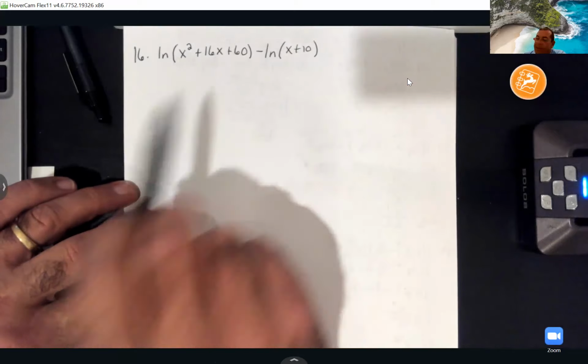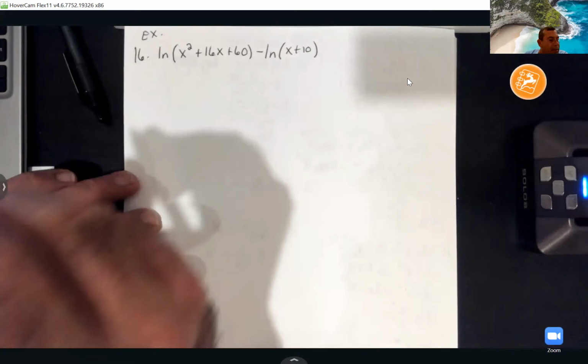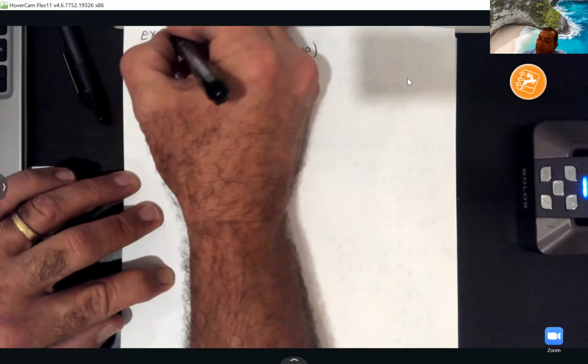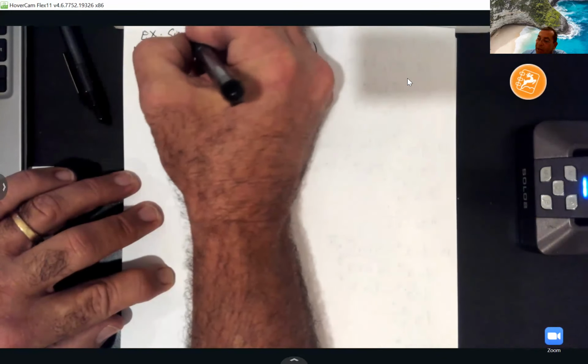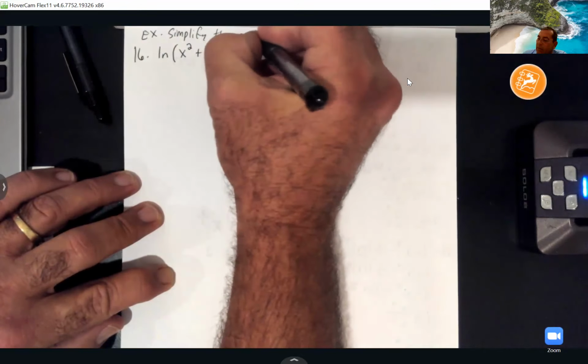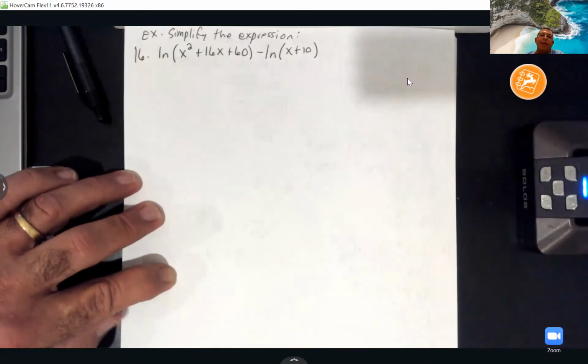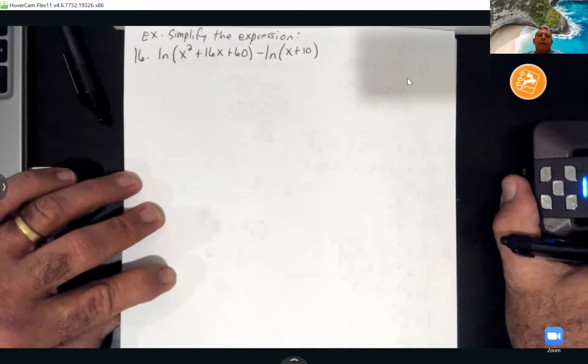Now these ones say simplify the expression. So it looks like 16 and 17 just say simplify the expression. But yeah, basically we're doing the same thing.